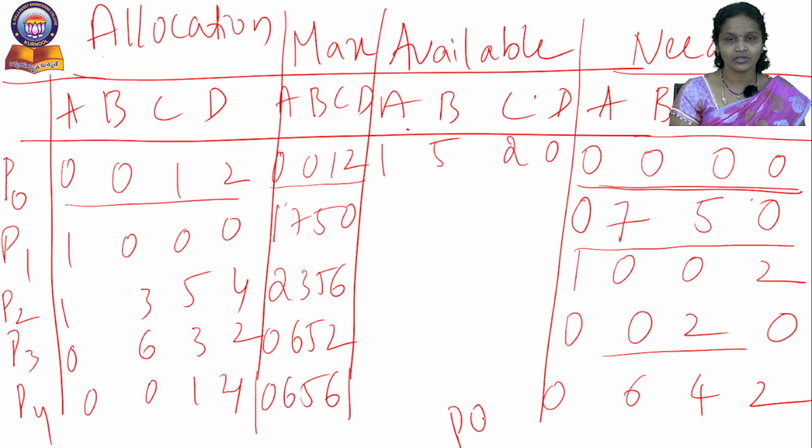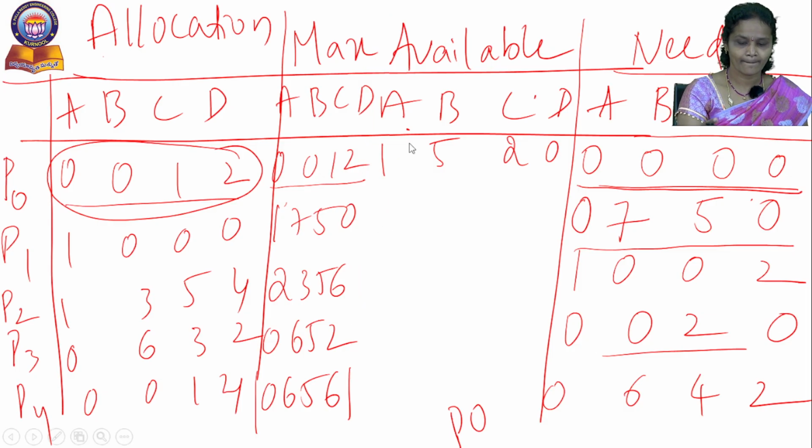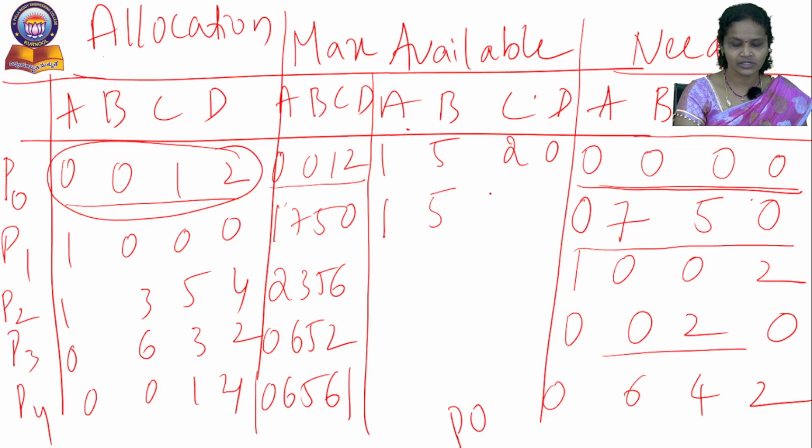After it has stopped its execution, it is releasing its resources, and whatever resources are currently allocated to process P0 have now been added to the available matrix. So 1 plus 0 is 1, 0 plus 5 is 5, 1 plus 2 is 3, 2 plus 0 is 2.